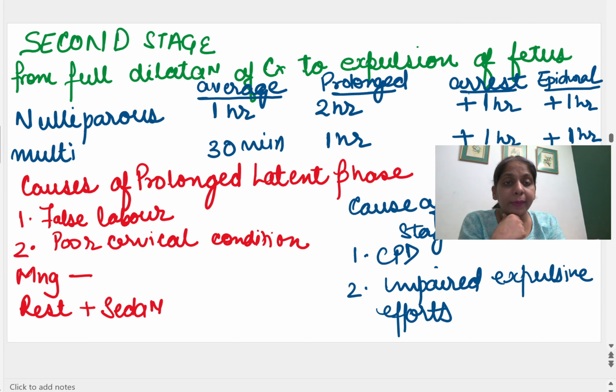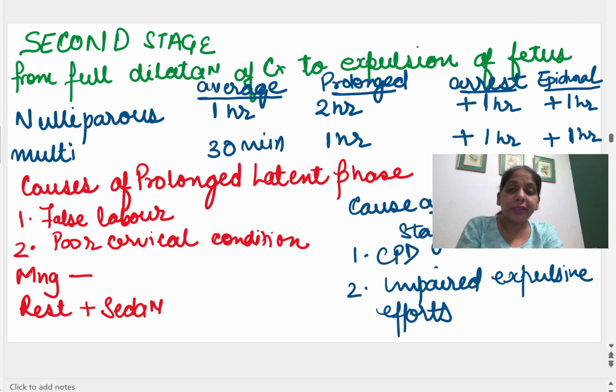Okay, so in the nulliparous it is 1 hour, and when we will say it is prolonged second stage, at 2 hour, and to say arrest we have to add +1. ओके, प्रोलॉन्ग कहने के लिए हम उसको डबल कर देंगे, ठीक है, क्योंकि नलीपैरस में average 1 hour की होती है. अगर हमने उसे prolonged बोलना है तो कब बोलेंगे कि prolonged second stage हो गई? जब 2 घंटे हो गए patient को और फिर भी expel नहीं हुआ fetus, तो we will say that it is a prolonged second stage. ठीक है, right, got it, ठीक है.